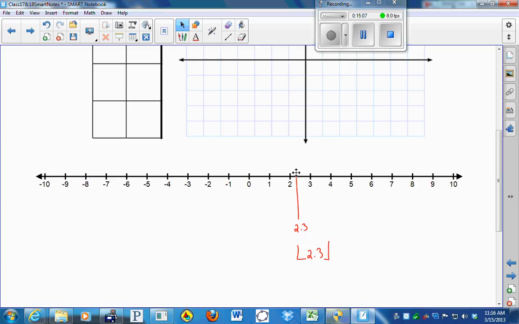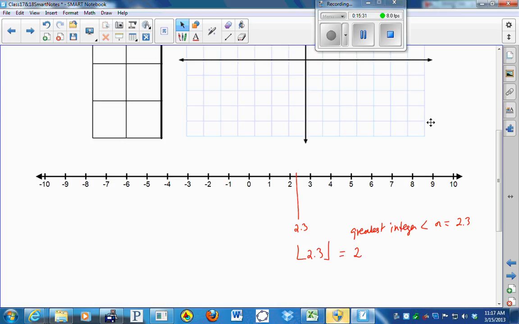First of all, is 2.3 an integer? No, it's not an integer, so the answer can't be 2.3. So what's the greatest integer less than or equal to 2.3? Look on that little graph right there. What's the greatest integer less than that? 2, right? So that would be 2.